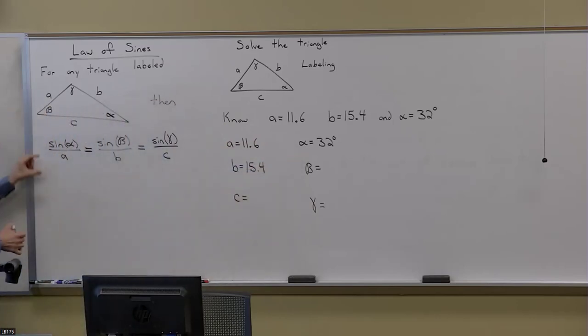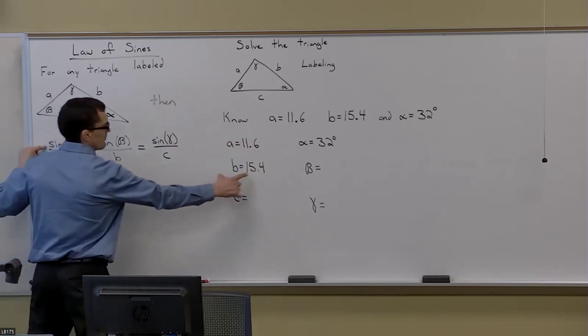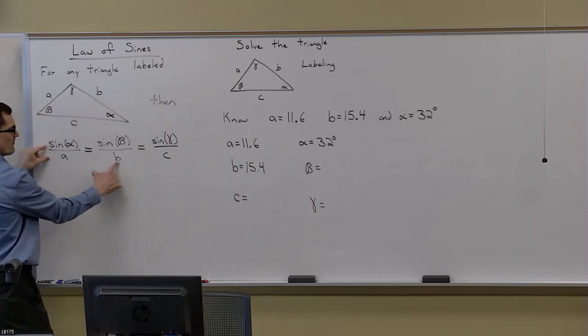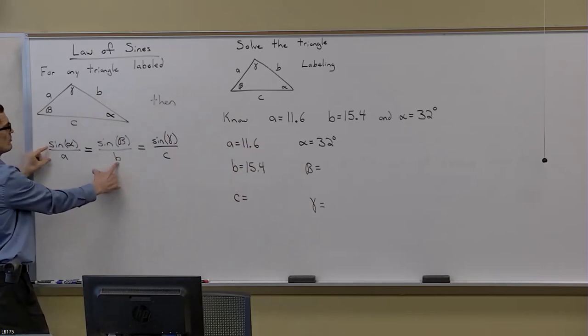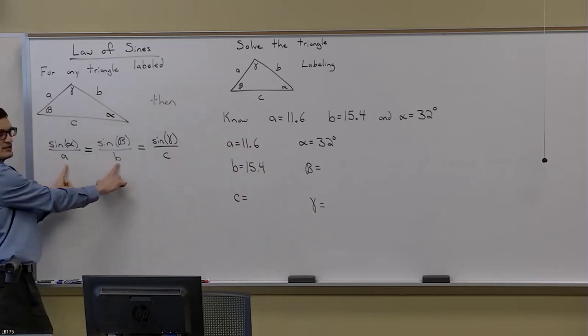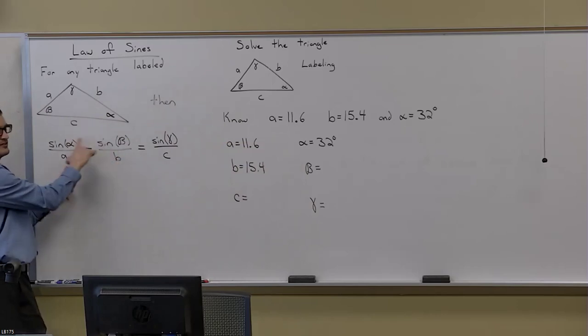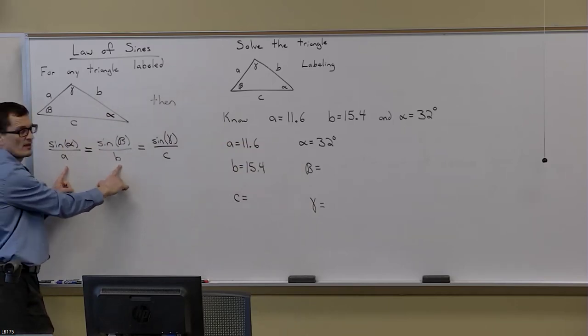In the law of sines, that's this ratio. The other thing that's given to me is the value of B. So if I look at this equation, the one involving these two, I have 3 out of the 4 values. Let me get that.